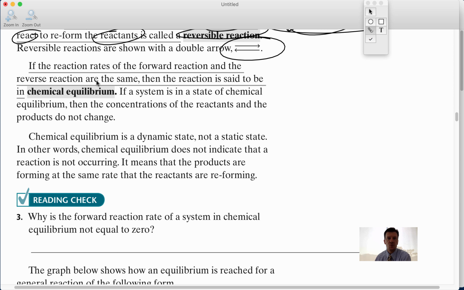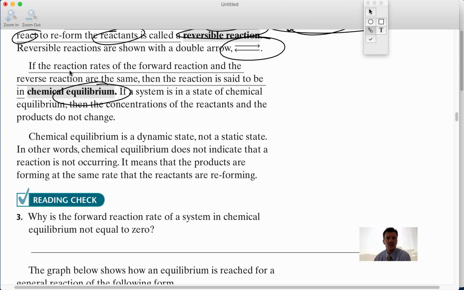Every reversible reaction is going to reach a point which we call equilibrium. Equilibrium does not mean that the reactants are equal in concentration to the products. That's not what it means. They may be close, but that's not what it means when we talk about chemical equilibrium.